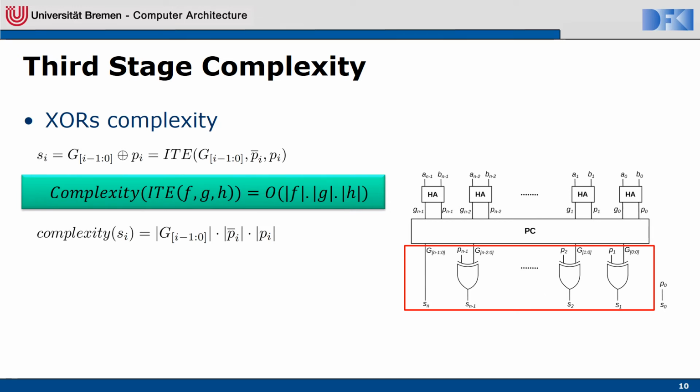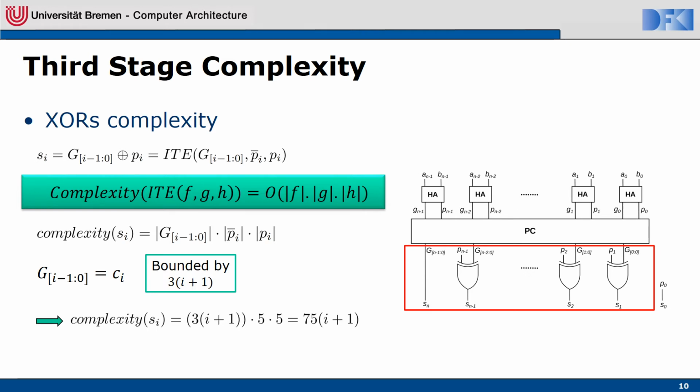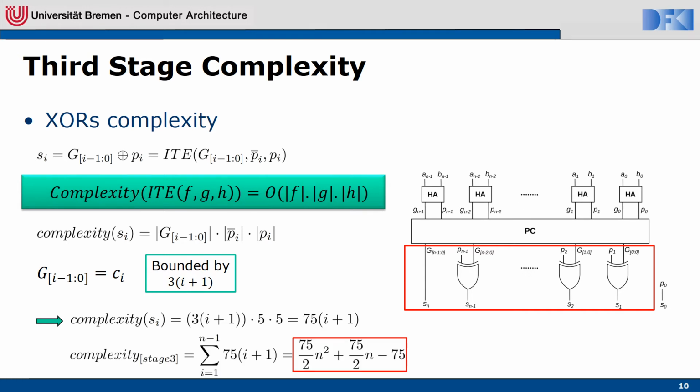This complexity is dependent on the size of the group generate g i-1 to 0, or equivalently, the c i carry. It has been proven before that the size of the c i carry is bounded by 3 times i plus 1. Thus, the complexity of a single XOR operation is obtained by substituting carry sizes. Finally, we add up all the XOR complexities to get the complexity of the third stage.